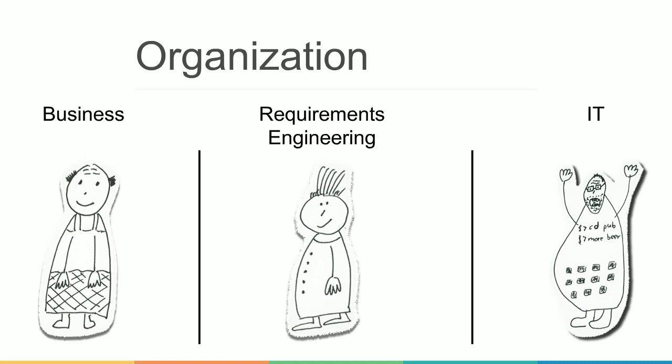So the business has only been allowed to talk to the requirement organization. And the same was valid for the IT. Now, the problem that constantly arose in this sort of organization is that the requirement organization started to run their own agenda on a political level.